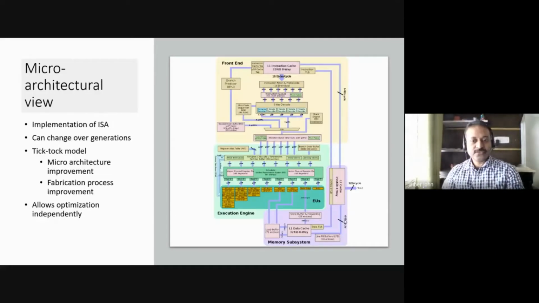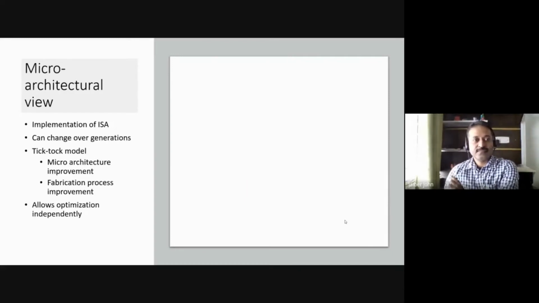Okay, let's quickly go through microarchitecture. I just explained that the ISA is the layer which separates the software and hardware, so hardware can independently improve itself. If you see the trend of CPUs, maybe 5 years ago you got a CPU and ran a program, and it ran at some speed.